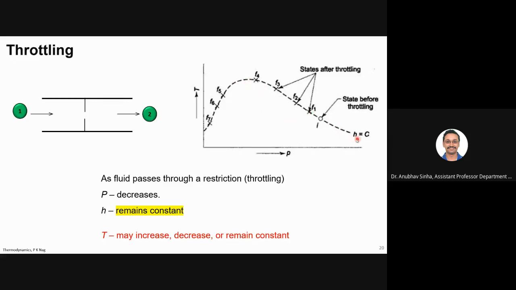This is an isoenthalpic curve; for this dotted curve, the enthalpy is constant. So you can do a throttling process and get the final state at any point of this curve. I can start from here and end up here, or start from here, and this is the initial state, this could be the final state.